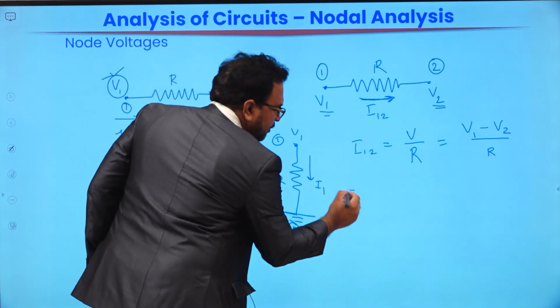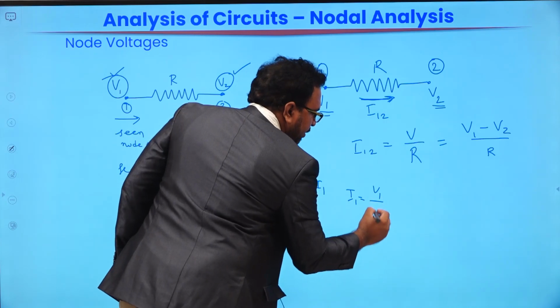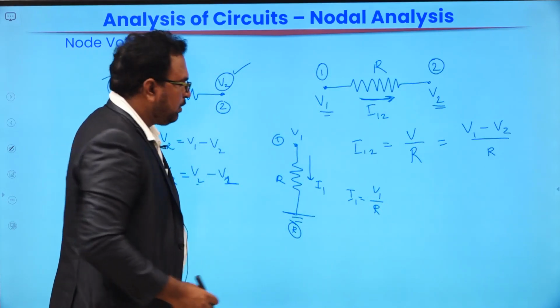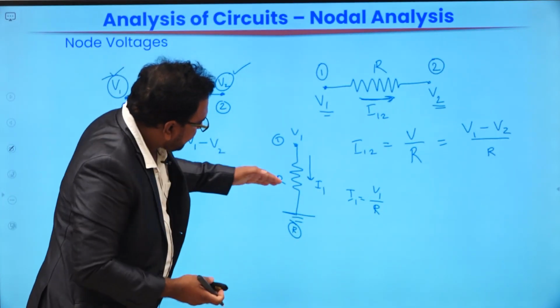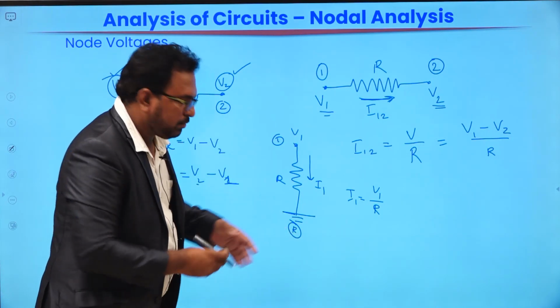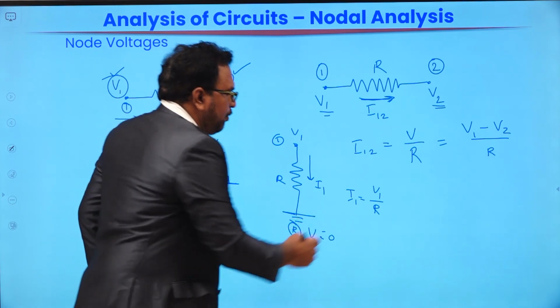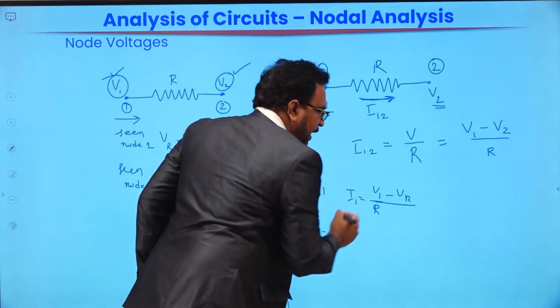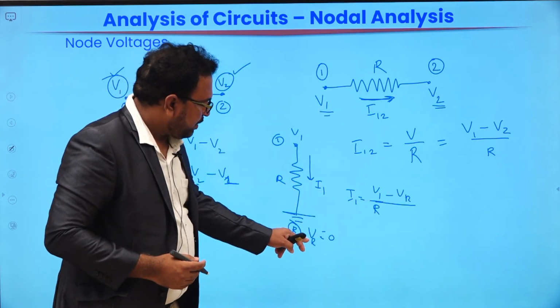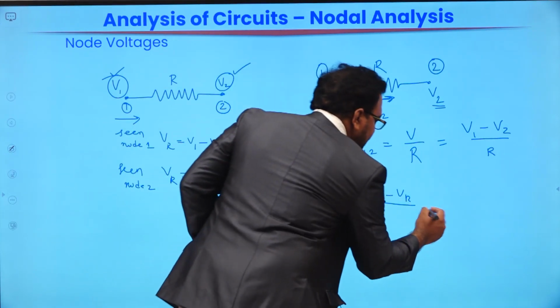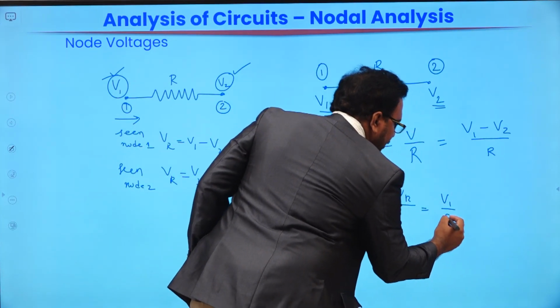Obviously I1 is V1 by R. Why? Because this resistor is connected between V1 and the reference node, and we know that the voltage at the reference node VR is 0. So (V1 minus VR) by R is actually the formula. But what is VR? 0. That means I1 is V1 by R.